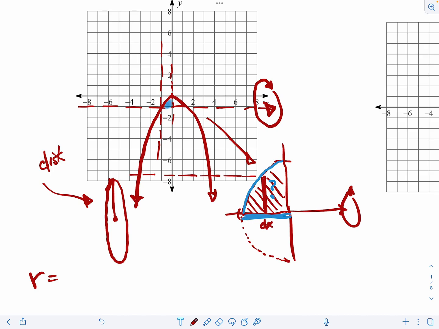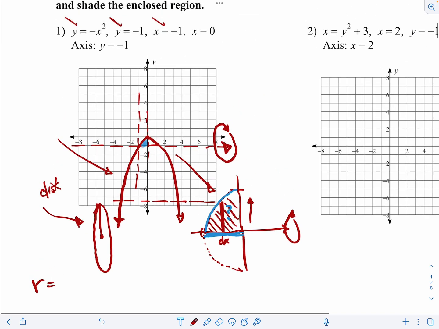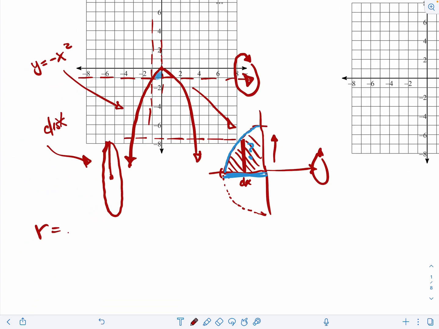Since the most positive part is above, that is the line y equals negative x squared. It is negative x squared, take away negative 1, because our axis there is y equals negative 1. So that distance is essentially negative x squared plus 1. That's our r.